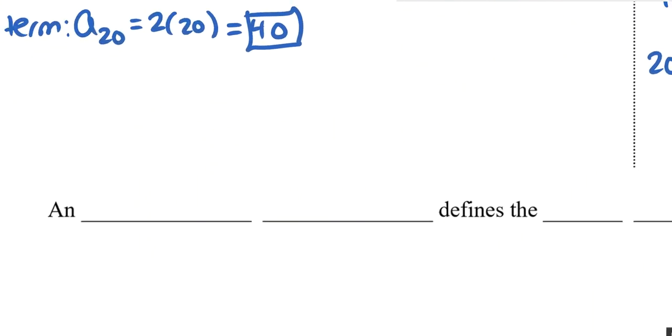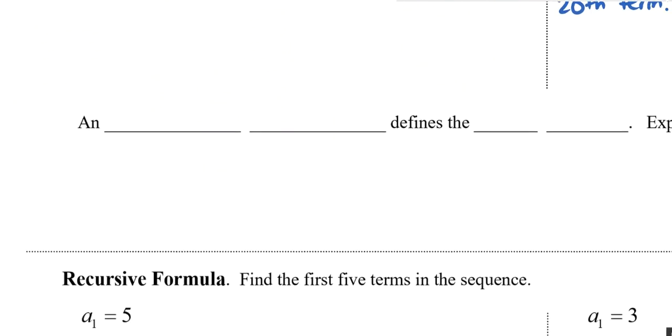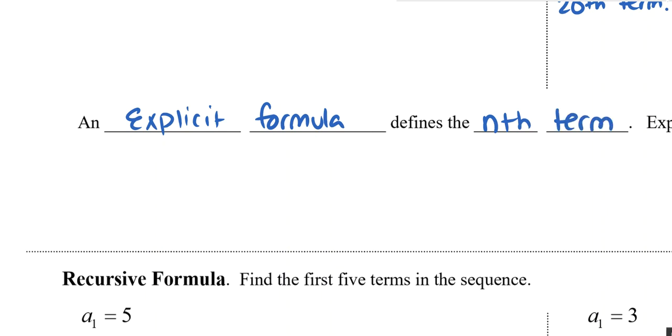All right, so what you want to take away from this is that an explicit formula always defines the nth term. So we can find the 17th term, we can find the 27th term, or the 150th term.